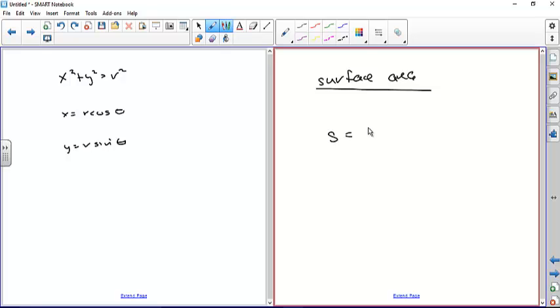So in one variable calculus, the arc length was the integral of the square root of 1 plus f prime of x squared dx.